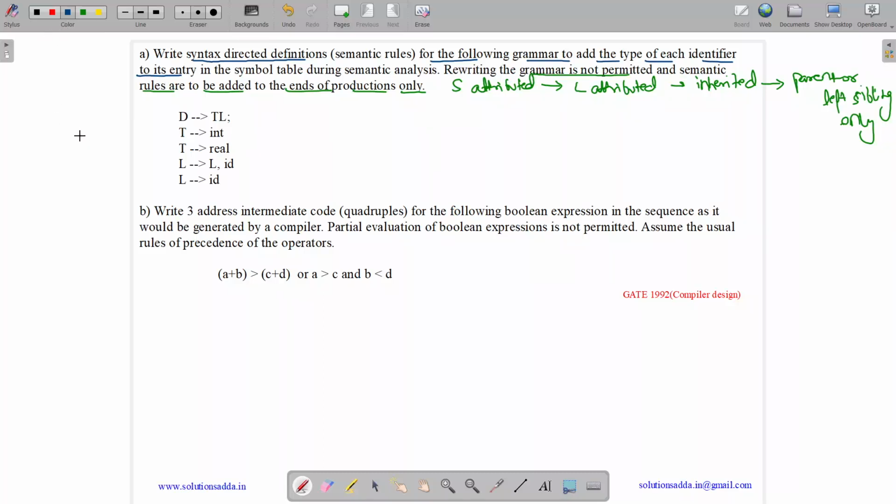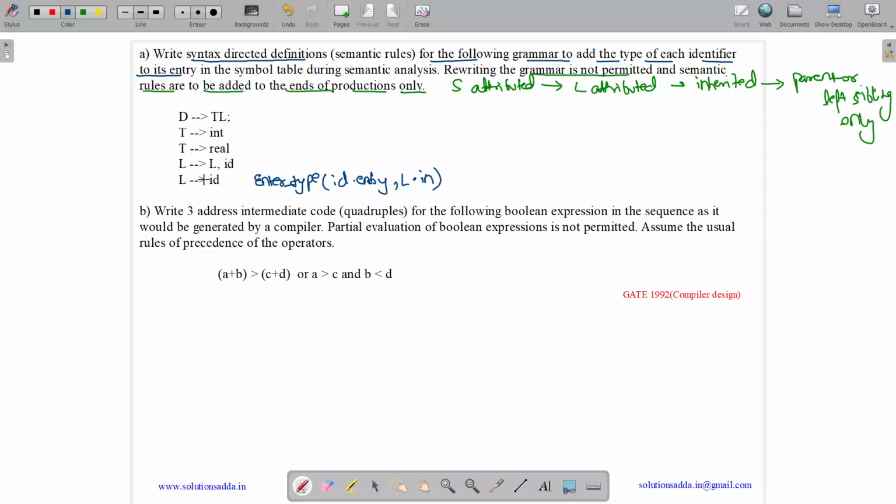Now let us write the production rules. So how can we write it? So here let us start from the end. So here we have L implies IT. So first of all we have to enter the type. So we will say enter_type. We will take id.entry as a parameter and L.in. This L is an inherited attribute. Now what we have to do?